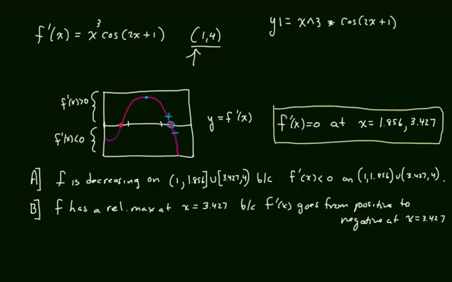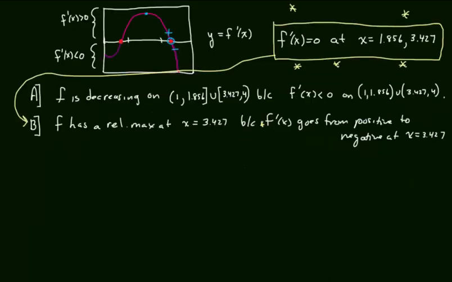If you did not write that on your page, then they would not allow B to be the full justification. It is correct to say that f prime went from positive to negative, but we needed this information on our page together with the changing of derivative sign in order to make that claim. If we don't say this somewhere on our paper, then we will lose credit for the justification of relative max or relative min.